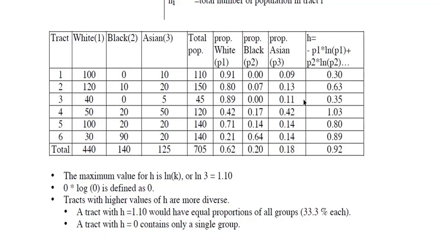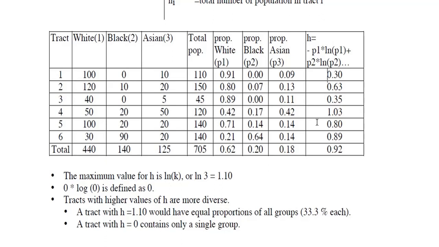If you want to draw a map of segregation in a city for your project, you can use these small h values, like 0.30, 0.63, 0.35, 0.130. These values will be put in your map, like tract 1, which is 0.30, and based on these values you can create a choropleth map.